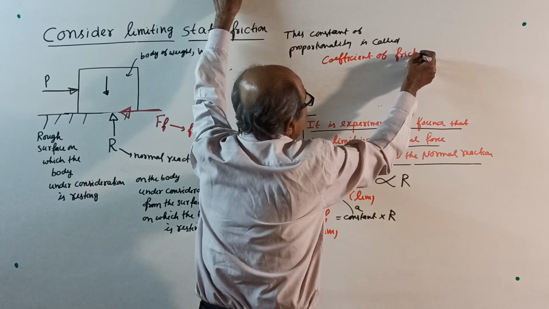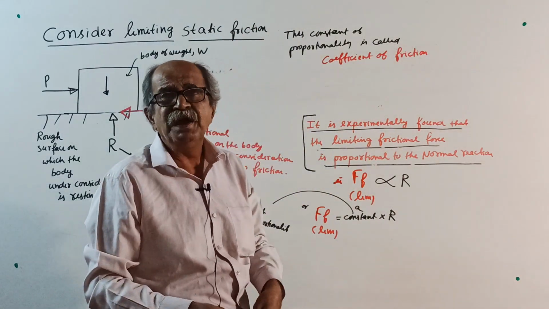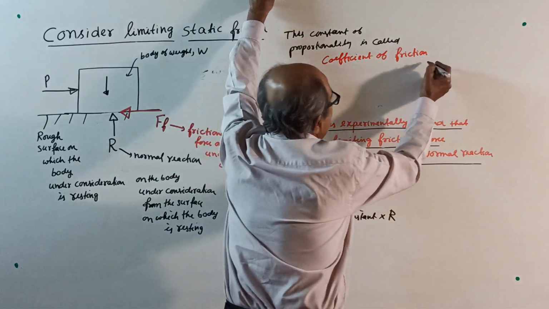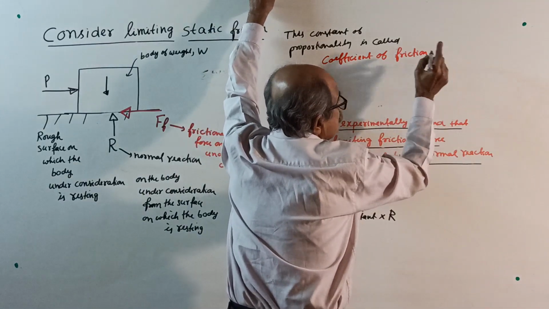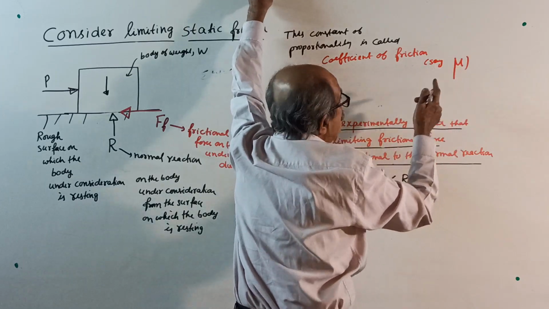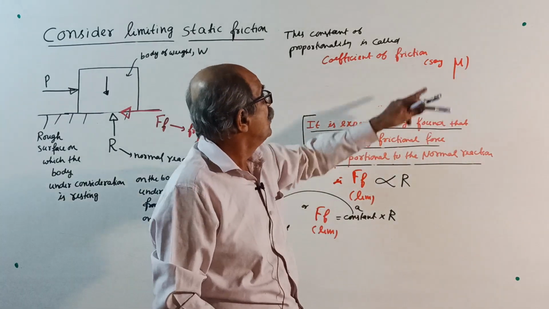I will explain everything in a simple manner, not make complications. I can go to any complication, I can fully confuse, but I won't do it. The most popular symbol is mu. Mu is the most popular symbol throughout the world for coefficient of friction.